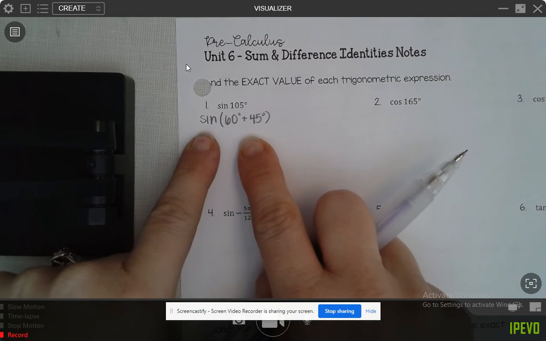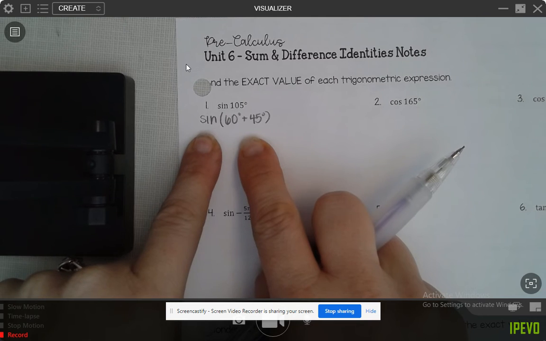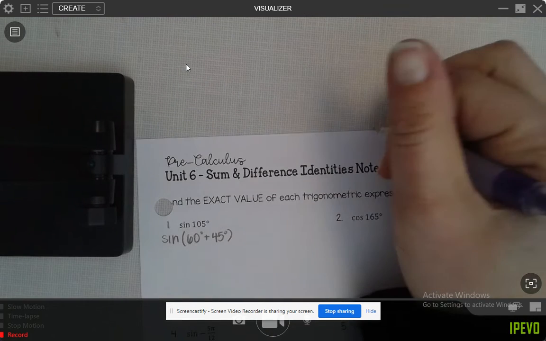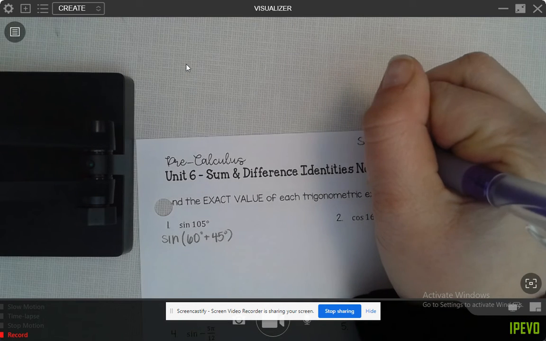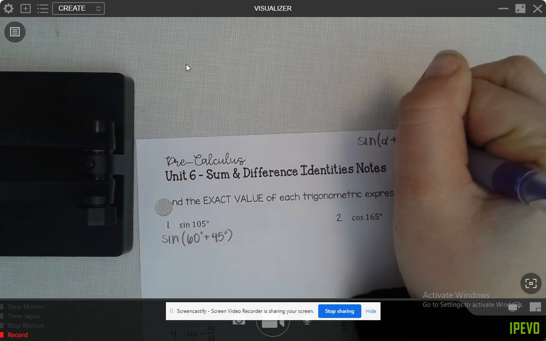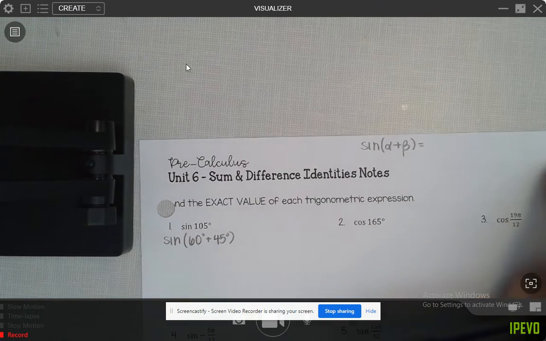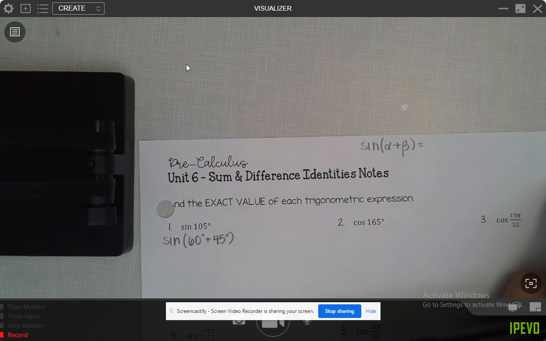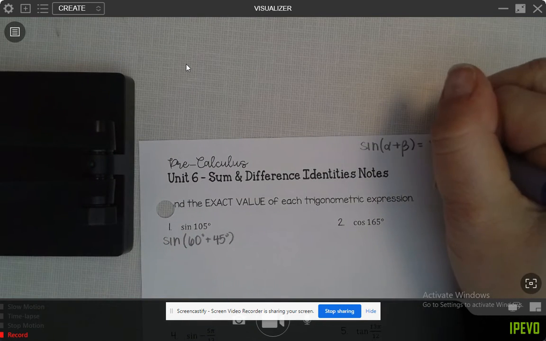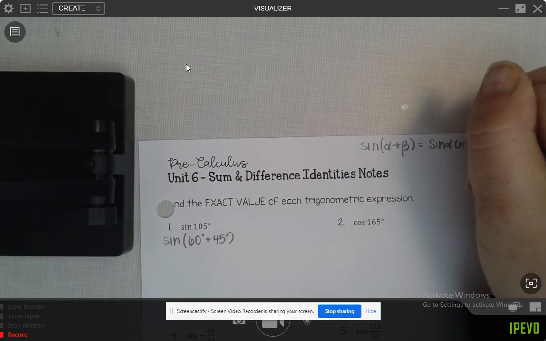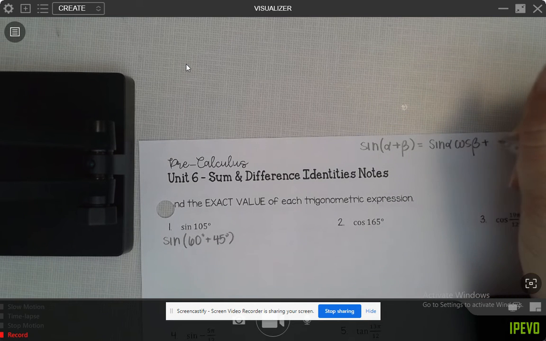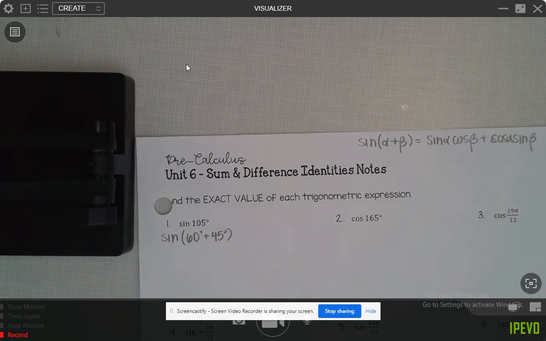Okay? Now, what you're going to do is this is a sum formula. So if you go to your booklet, it's going to say the sine of alpha plus beta equals, and it's going to have some big formula, right? And that formula says sine of alpha, cosine of beta, plus cosine of alpha, sine of beta. It's what it says on your paper, right?